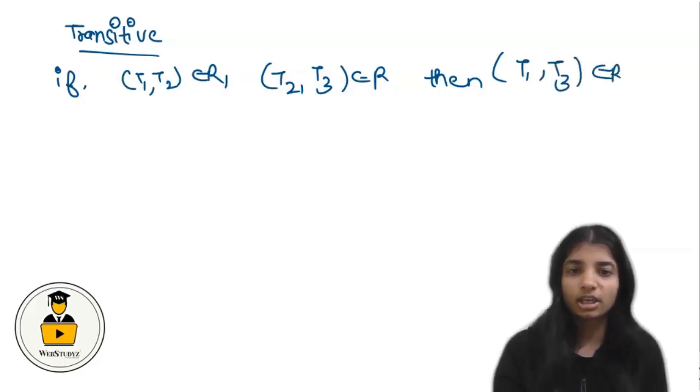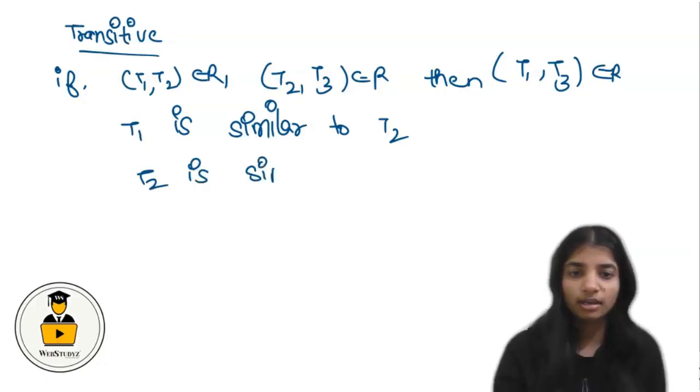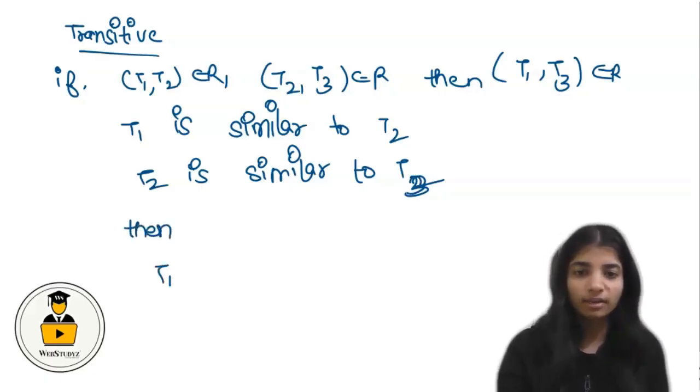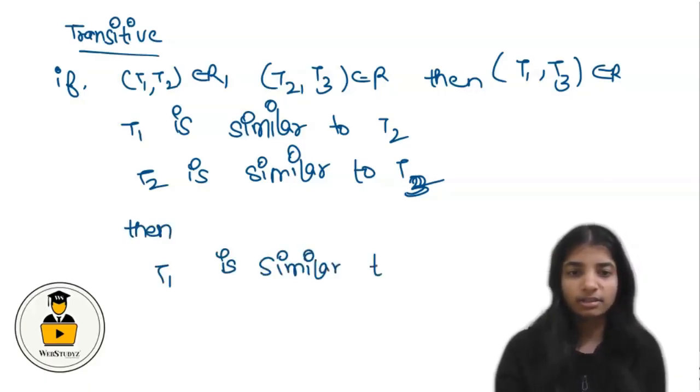So here the relation is over the similarity of triangles. If triangle T1 is similar to triangle T2 and triangle T2 is similar to triangle T3, which means all the three triangles are similar to one another, then T1 is also similar to T3.